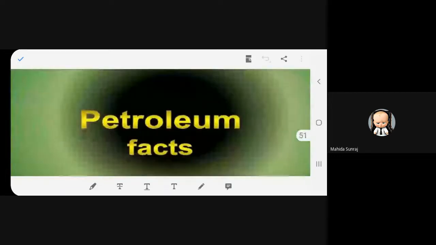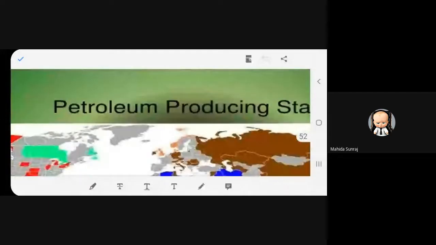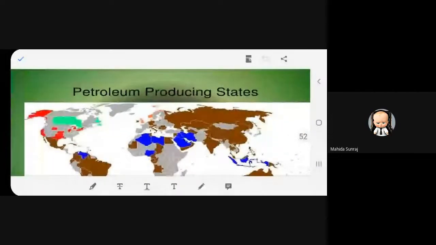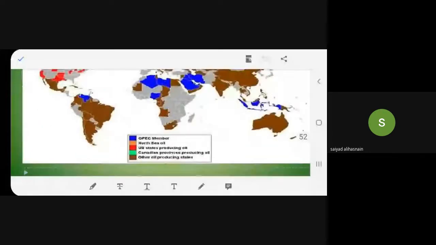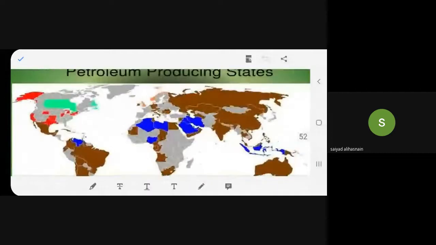So what are the facts about petroleum? Let's see one by one. Petroleum producing states. Whatever is colored, the green, the red, the brown, the blue, these are producing petroleum, not the gray ones.